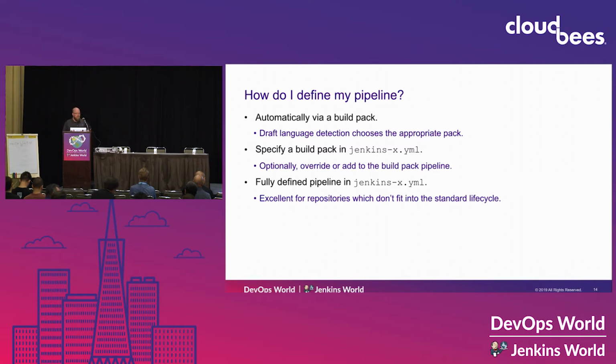Most of the time, the overwhelming majority of the time, if you're using Jenkins X, you're probably going to be in one of those first two categories. But if you're not deploying software directly, like in Jenkins X's own repositories where we're building artifacts that we're releasing but not deploying, the build packs aren't great fits for us, so we write our own pipelines.